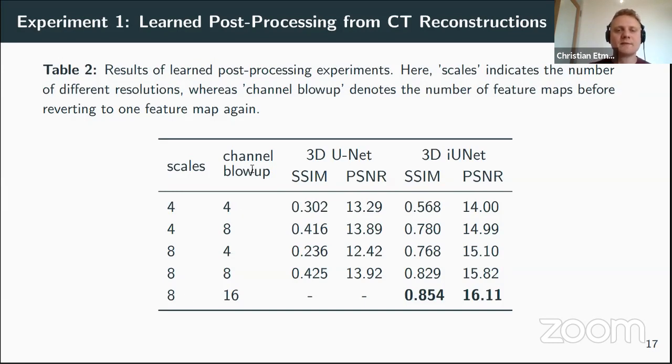And the channel blow-up means the number of channels that the data was increased to in order to then perform the fully invertible training scheme. So what we can see is that increasing the number of scales actually helps our network, and increasing the number of channels helps our network. And for the largest network that we used, where we have 8 scales and a channel blow-up of 16, the standard 3D UNet wasn't even able to fit into memory anymore, whereas our network got additional gains in performance compared to the previous iterations.